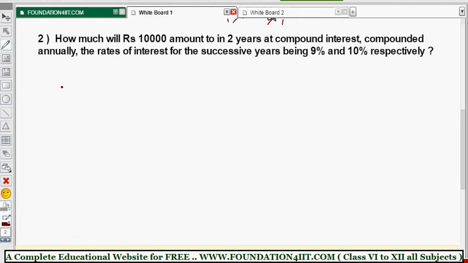Now let us see. According to this given solution, given P equals 10,000, and the rate of interest is different for the 2 years, so that's why we take R1 and R2. R1 is 9%, R2 is 10%.